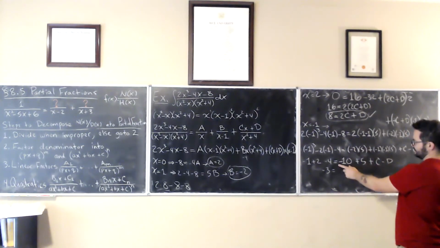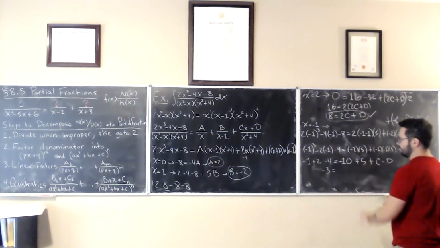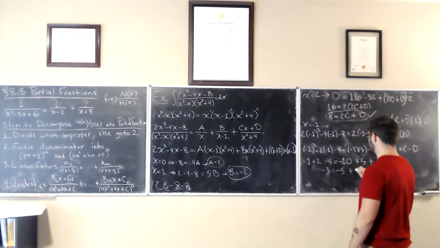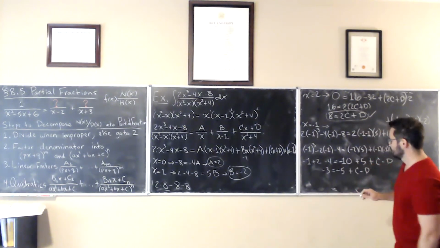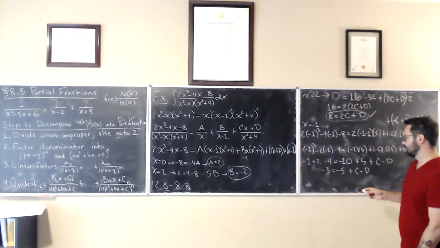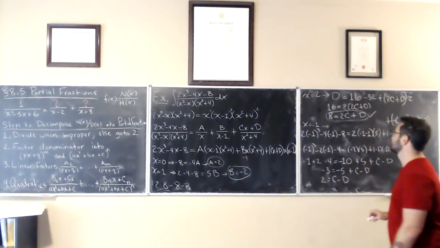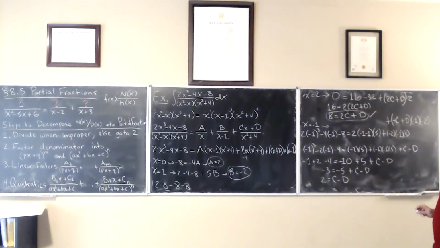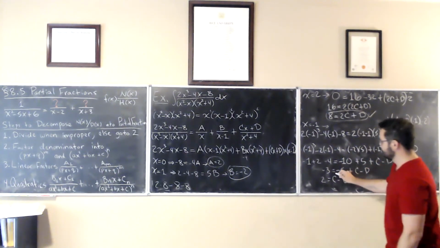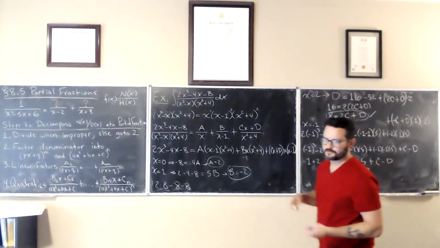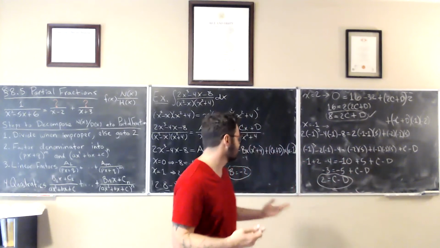And then here we're going to have minus 10 plus 5, so it's a minus 5. And then we have c minus d. So if we add 5 to both sides of this equation, we get that 2 is equal to c minus d. That's better. That's for sure better. I probably missed the negative sign somewhere because I was moving quickly and squeezing things in.